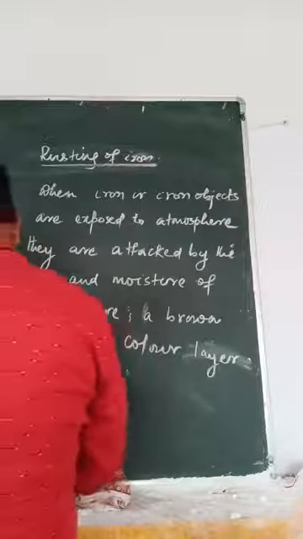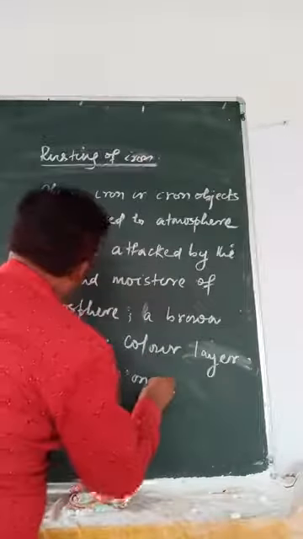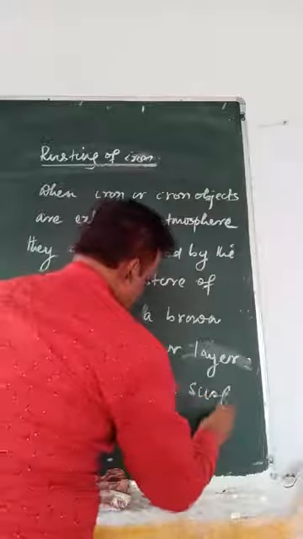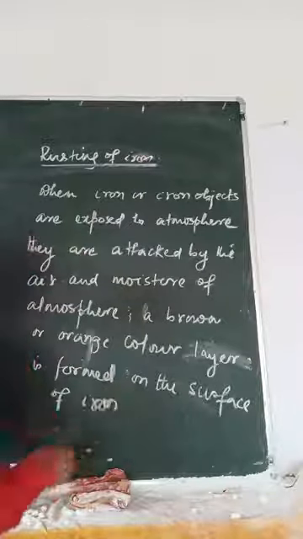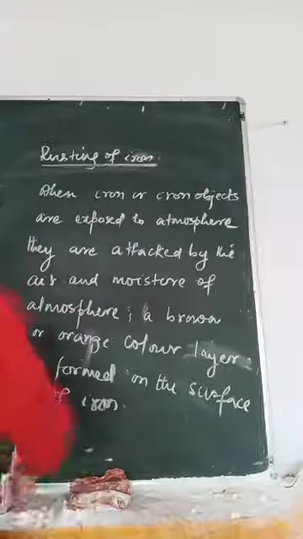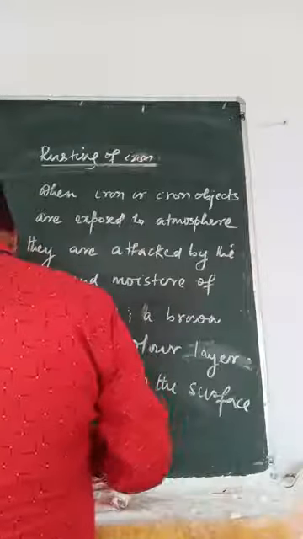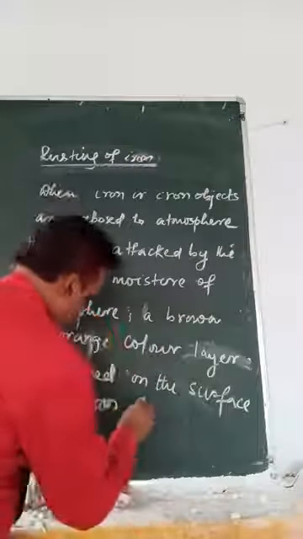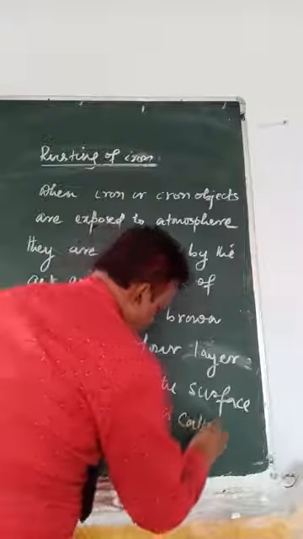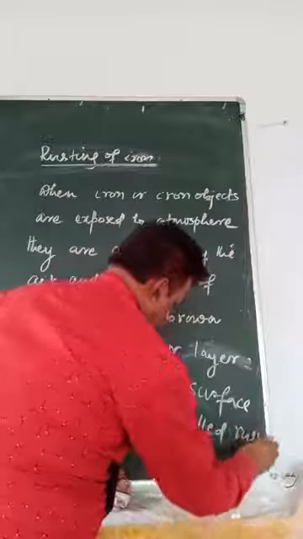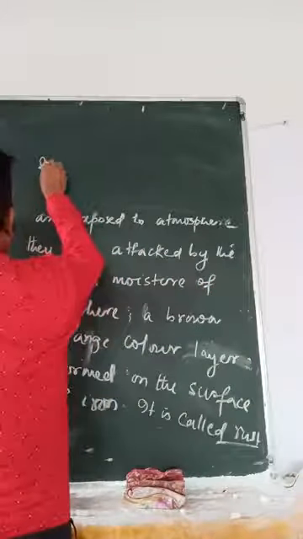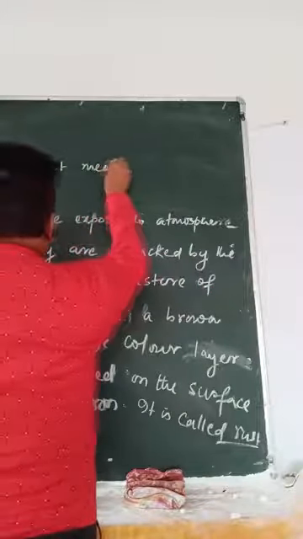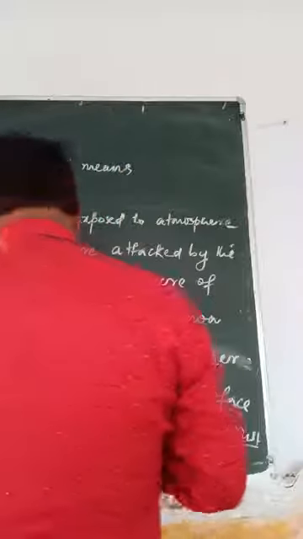It is formed on the surface of iron. Then what happens? It is called rust. What is rust here? Rust means hydrated iron(III) oxide.